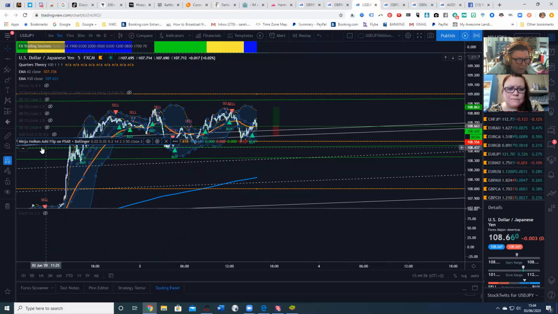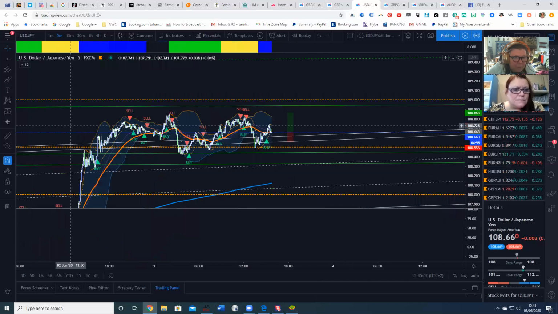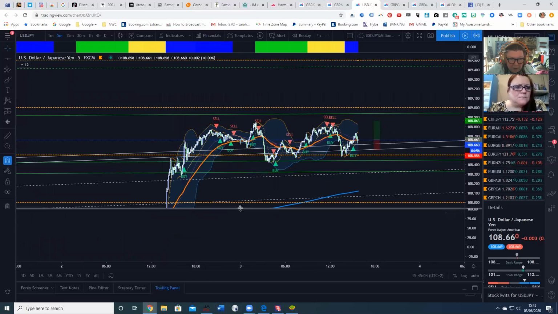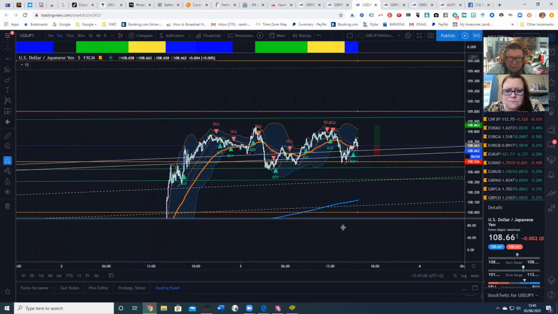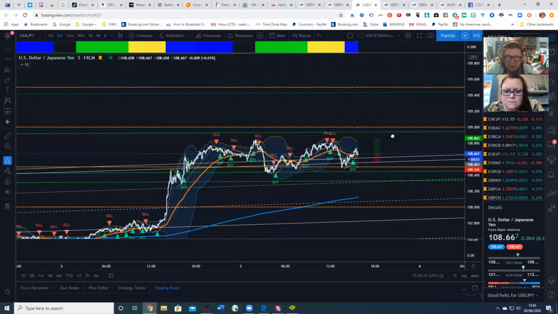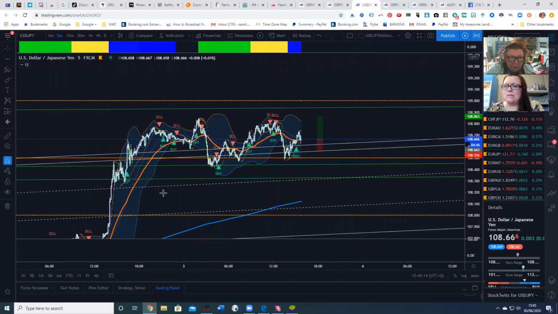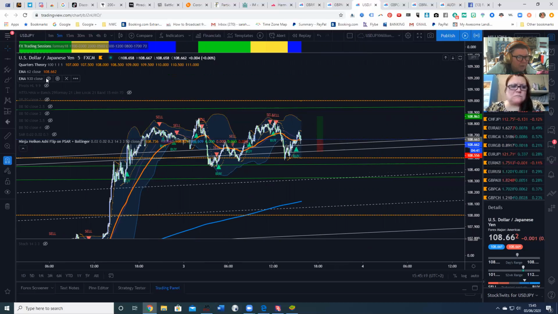Now I might be using a slightly different indicator. I don't think it's out of date, but we've got an indicator plus and all that kind of thing. So it will be broadly similar, except I have to take off my stuff.